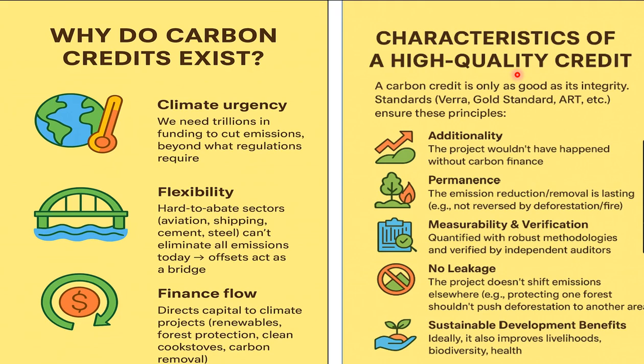Similarly, how will you check them? You should have some parameters to check, and these are the characteristics of a high quality credit. The most important quality is additionality. What is additionality? Say you have invested in a project and you're getting the carbon credits.